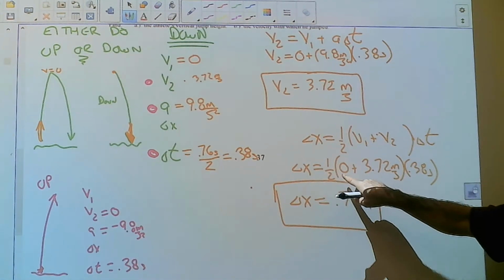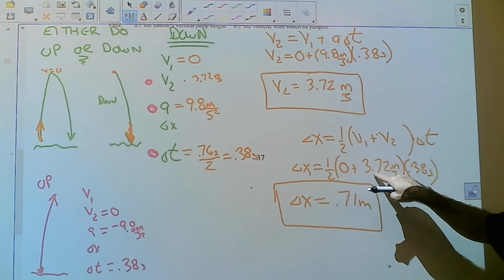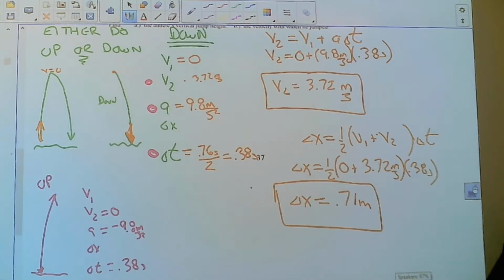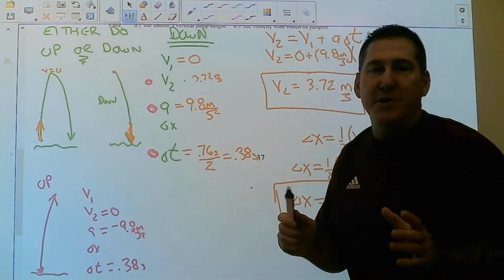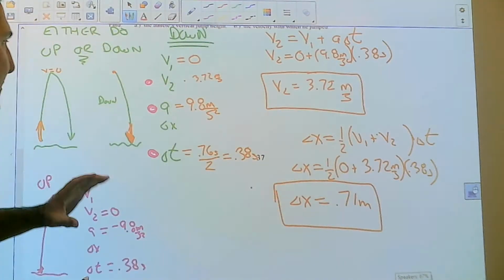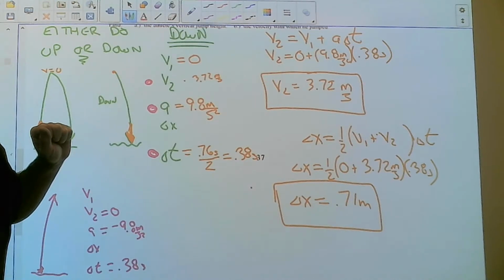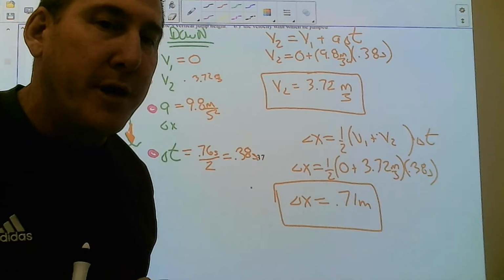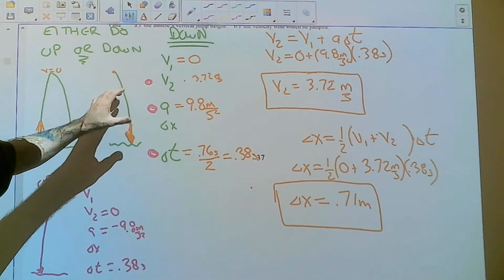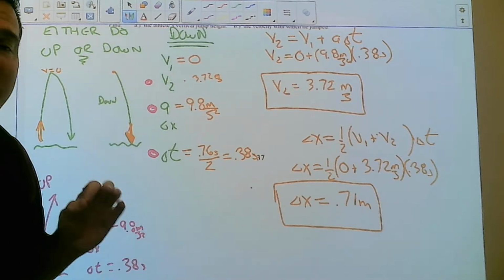That's still that. Now this would be 3.72, and that would be 0, but that's still going to be 0.38. You're going to get the same answer. So it makes no difference if you do the up or the down. You just have to be careful about which is 0, V1 or V2, and is it positive 9.8 or negative 9.8. And drawing a picture, literally, a little simple picture like this, literally does help.